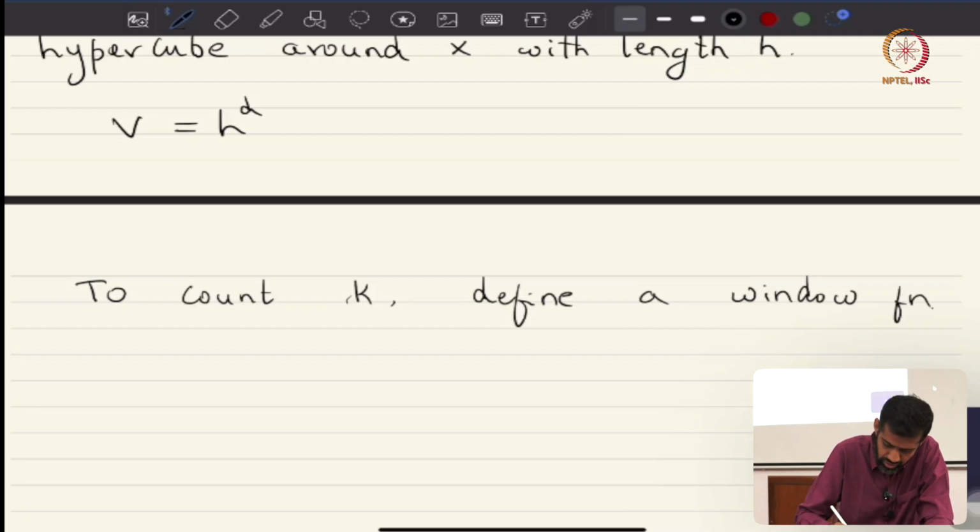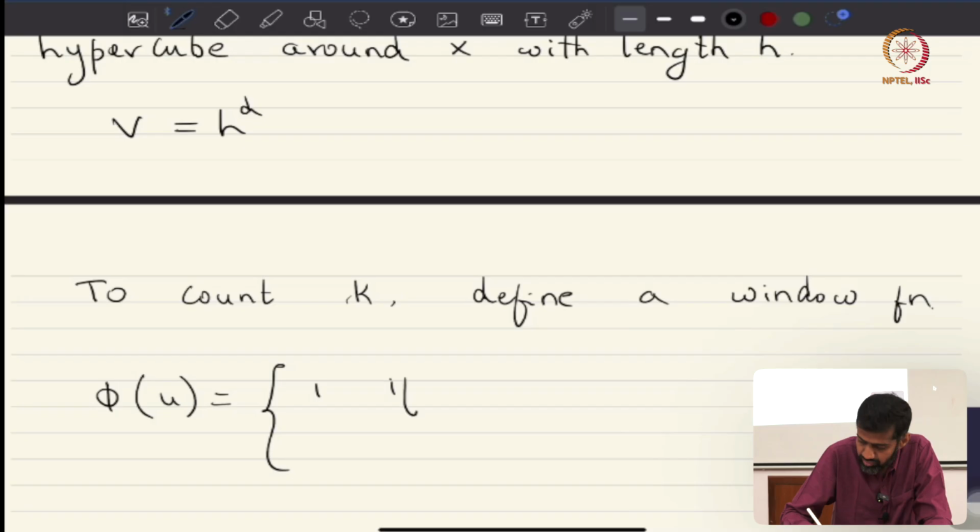of this sort. So call it phi of u is equal to 1 if |uj| is within half, j is 1 to d, or 0 otherwise.